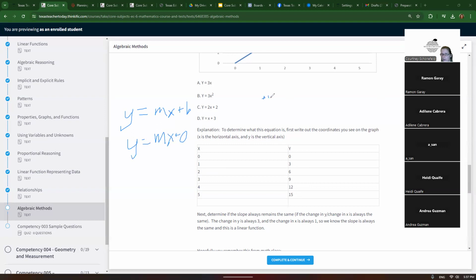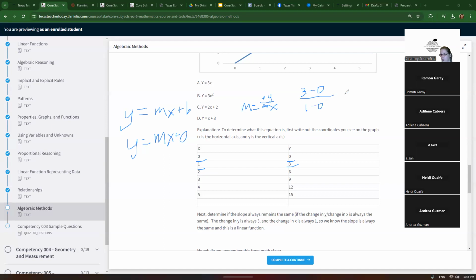Change in y over change in x. That should be a triangle. That's slope. So all we have to do is pick 2 points. Let's pick this point and this point, okay? So change in y would be 3 minus 0, right? This is a change in y, 3 minus 0, divided by the change in x, 1 minus 0.